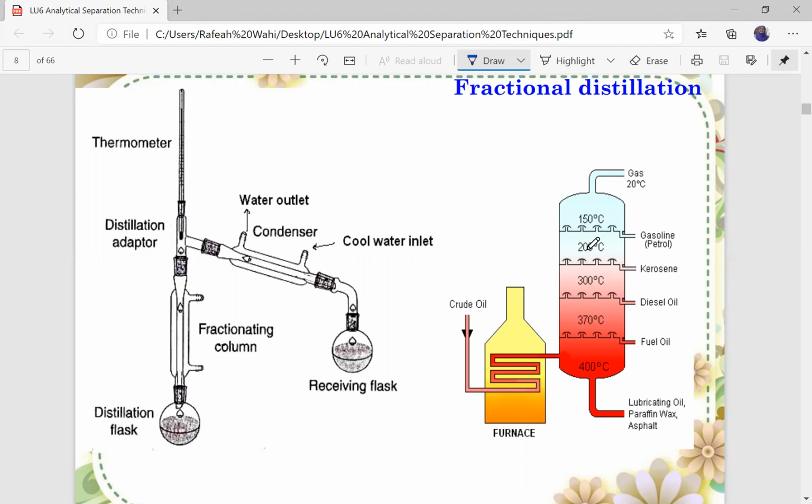At 200 degrees Celsius, you will get kerosene. At 300 degrees Celsius, you will get diesel oil and fuel oil at 370 degrees Celsius. But if you heat it up to 400 degrees Celsius, you will get lubricating oil, paraffin wax, and asphalt. So this is a good example of fractional distillation, whereby you can separate different compounds at different temperature from a particular main compound.